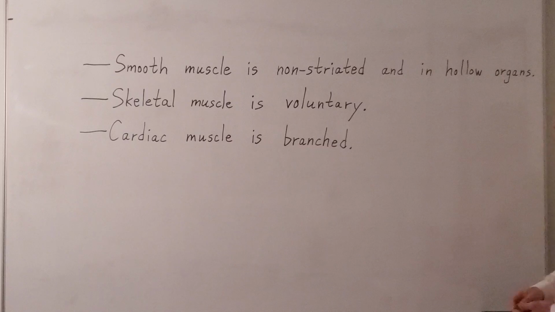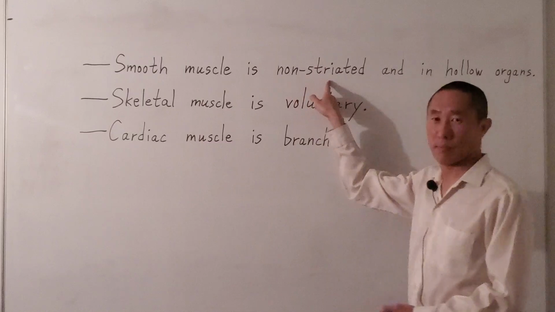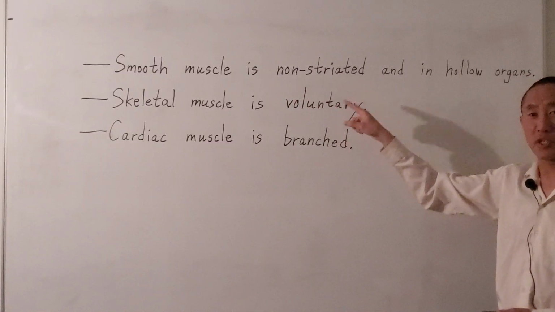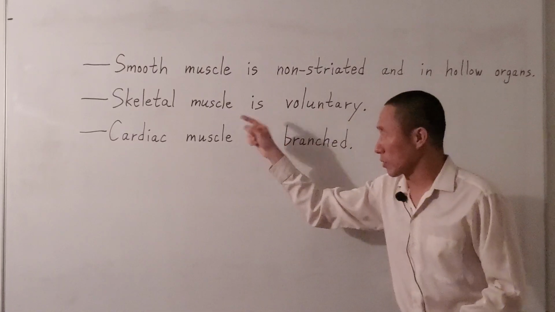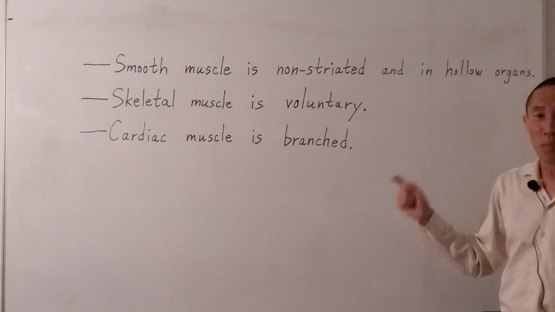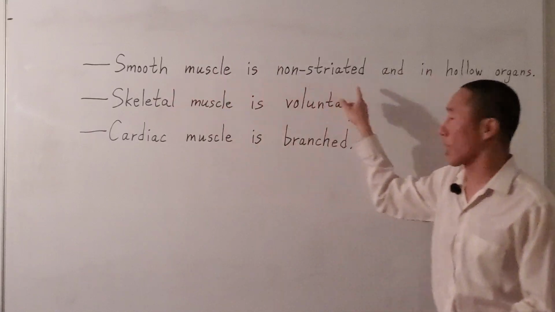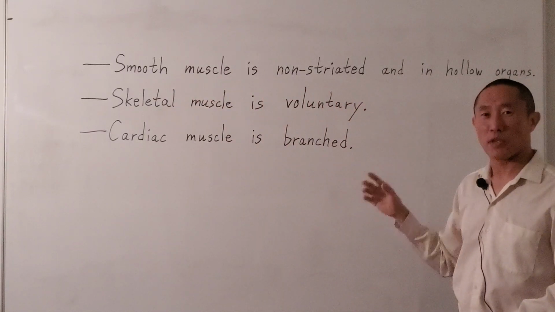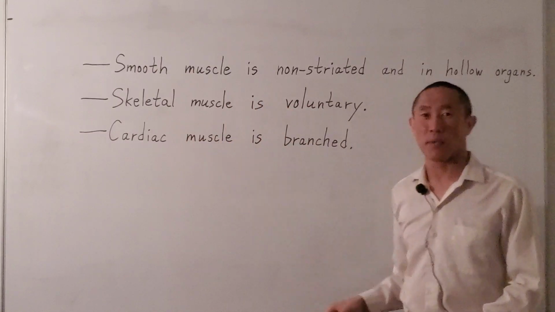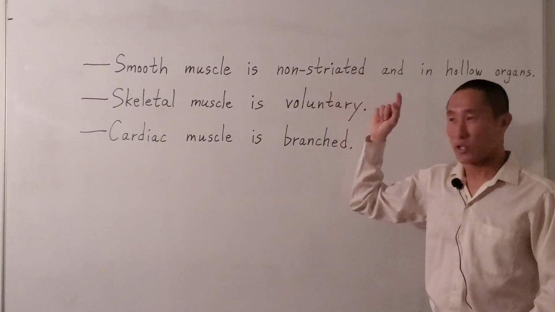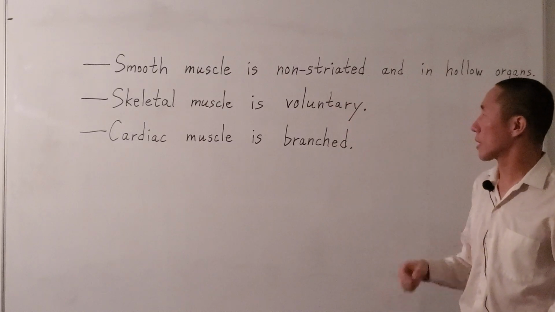What do we mean by that? We'll write over here that smooth muscle is non-striated. As long as we remember that smooth muscle is non-striated, we know that skeletal muscle and cardiac muscle would be the opposite, so they will be striated.